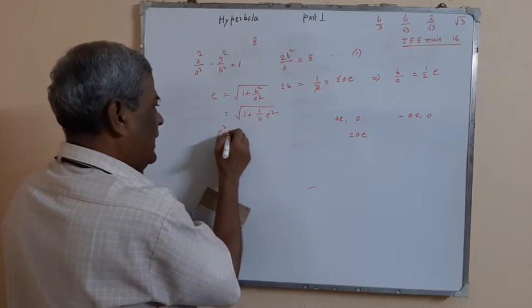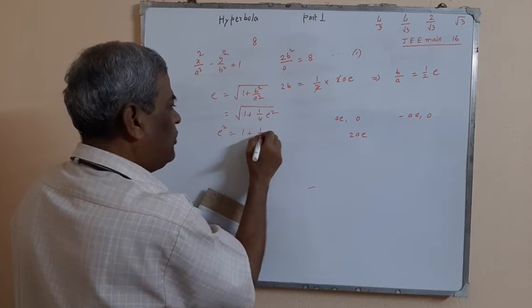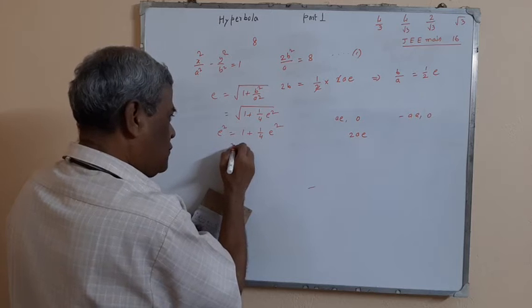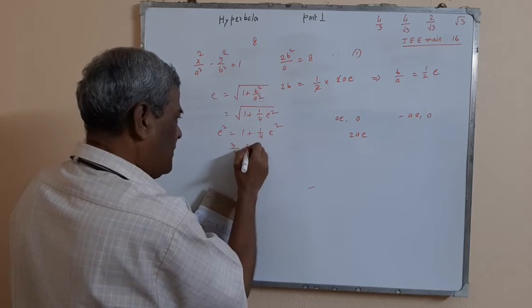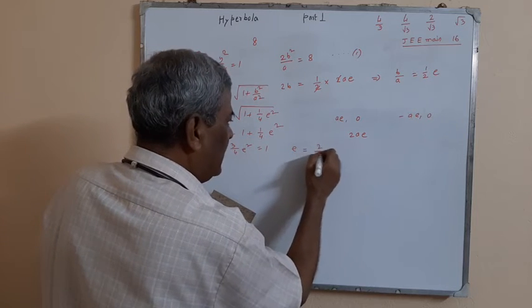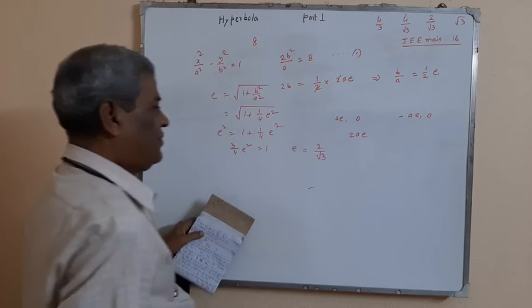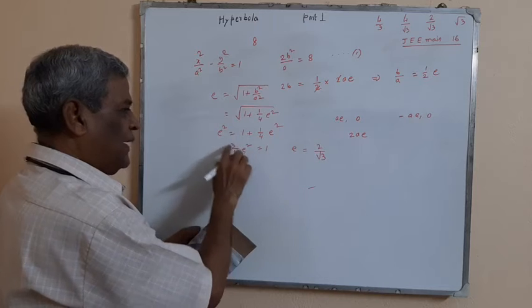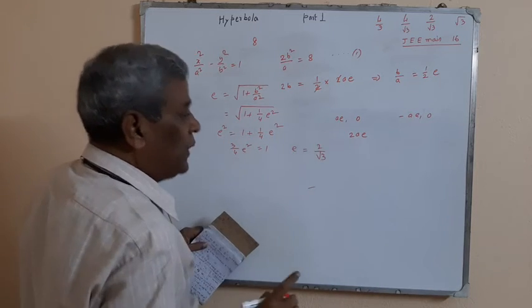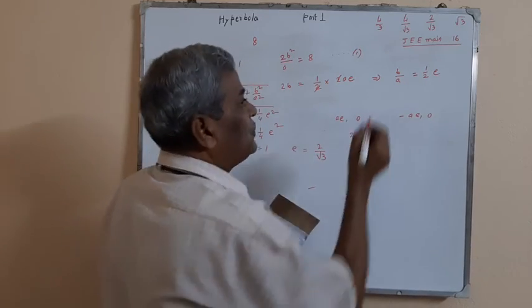That is e square is equal to 1 plus 1 by 4 e square. That is 3 by 4 e square is equal to 1. So e square is equal to 4 by 3, e is equal to only plus 2 by root 3. So that option is correct.